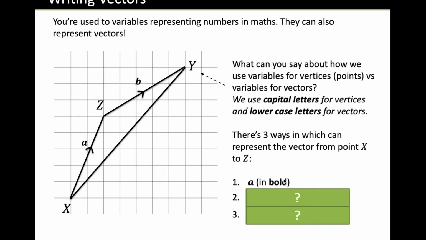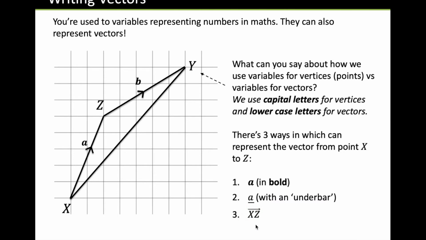A lowercase letter written in bold, or a lowercase letter with an underbar, or you write the vertices, say, x, z. So vector x, z with an arrow on top. So that's how we write vectors.